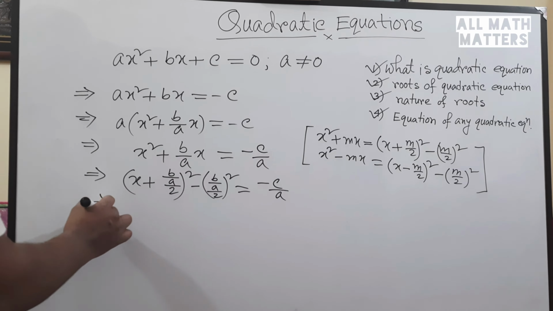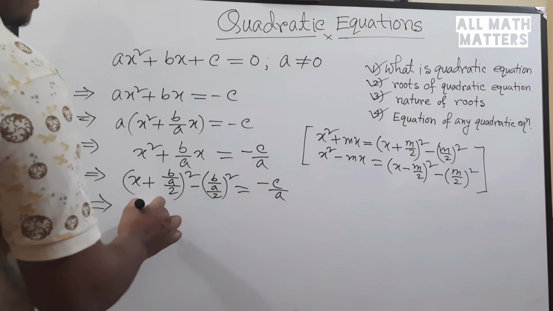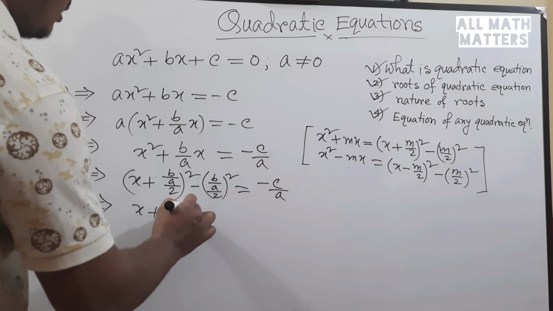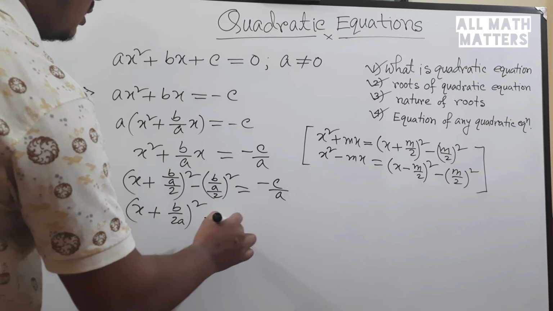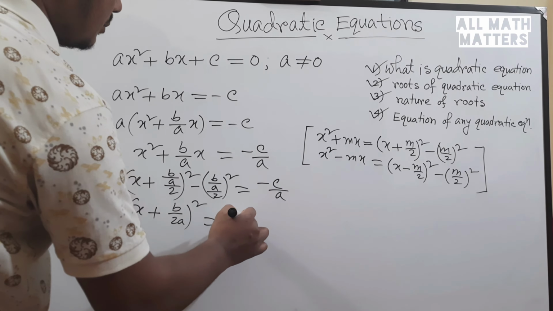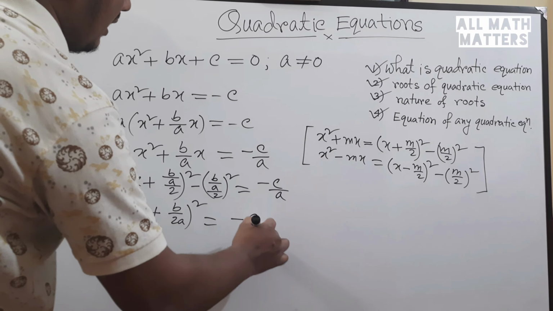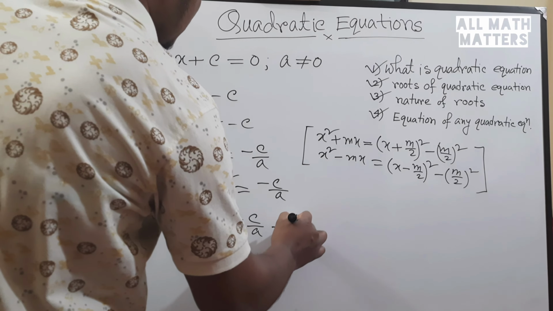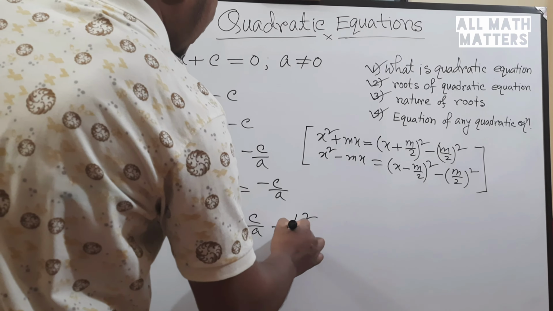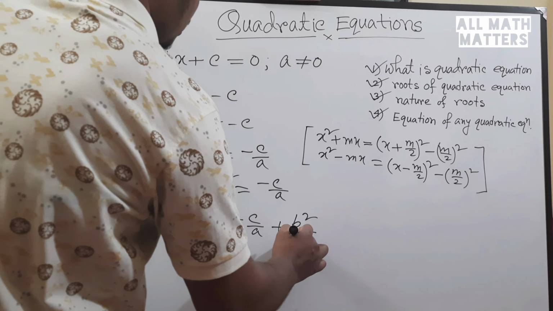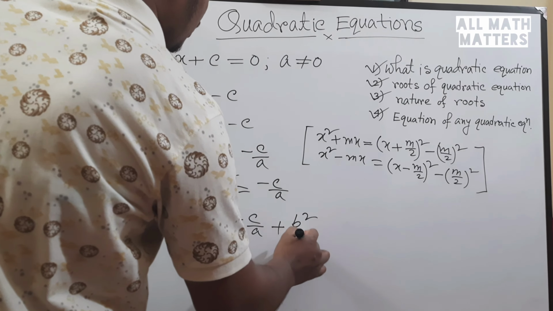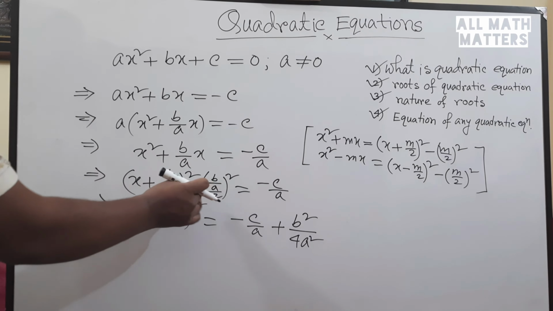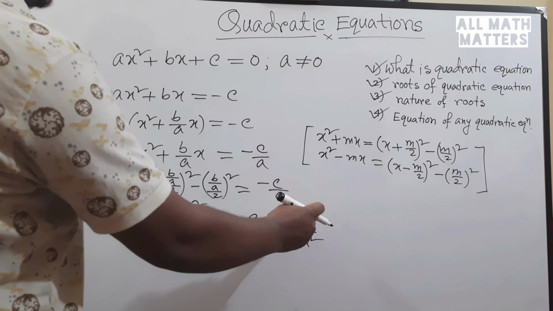Now we'll do some workout here. So x plus b over 2a whole square equal negative c over a plus b square over 4a square. Here we just square this term and take this part to the right side.